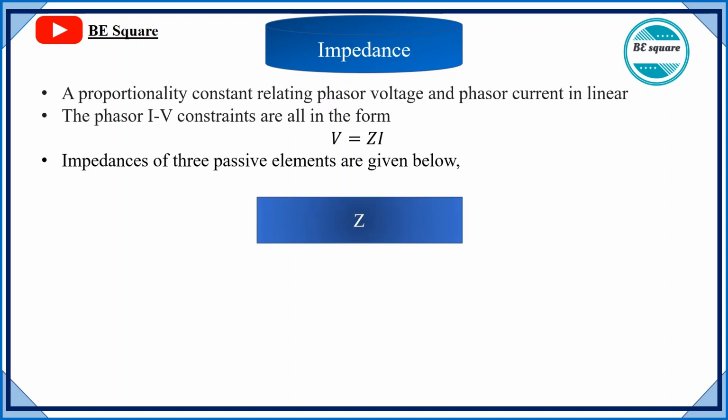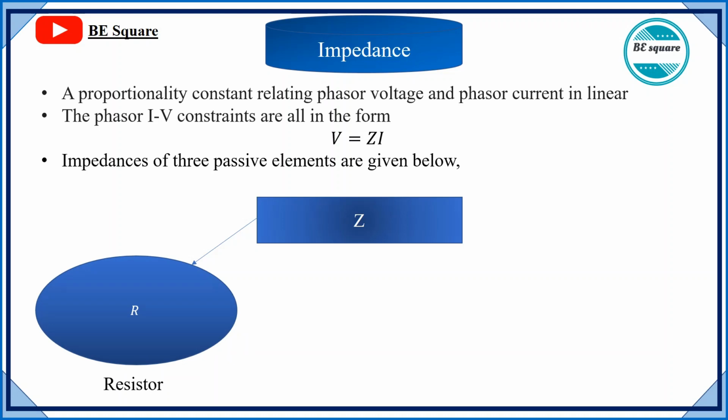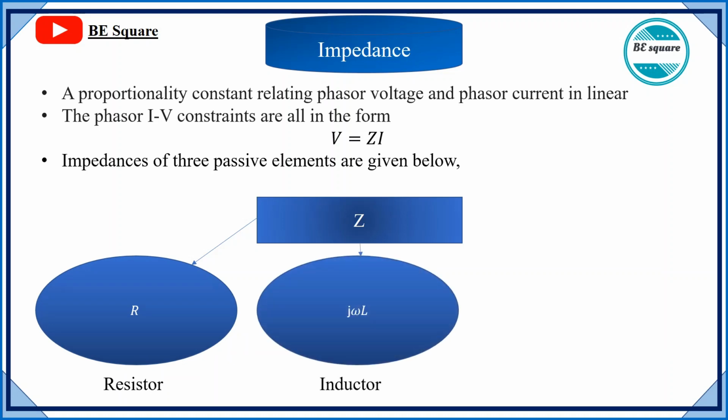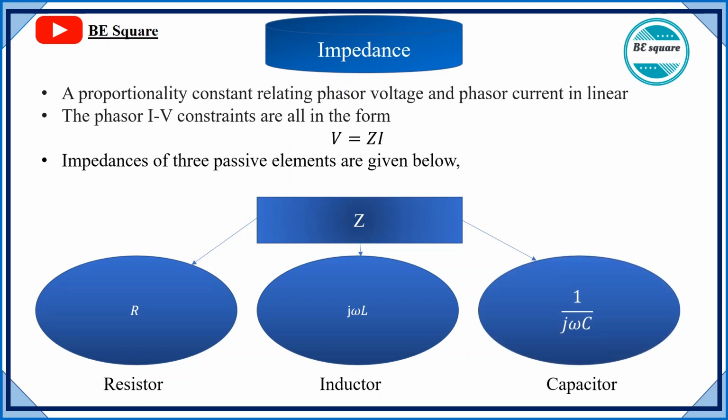As I mentioned earlier, Z is the impedance of any passive component or element. First one is resistor. The impedance of resistor is R. Second one is inductor. The impedance of inductor is j omega L. Third one is capacitor. The impedance of capacitor is 1 by j omega C.